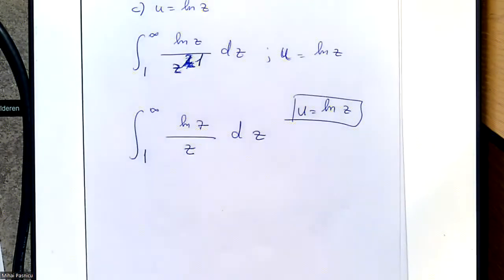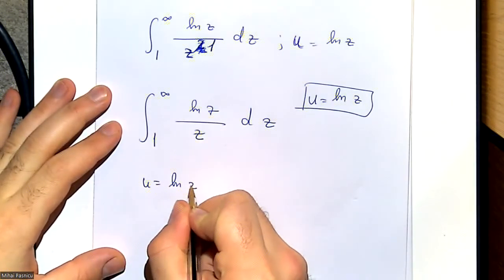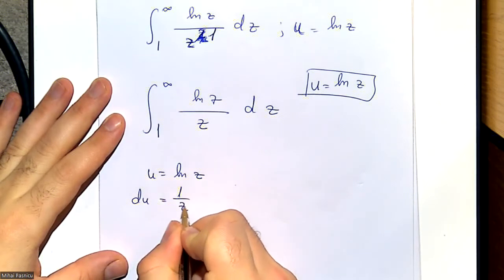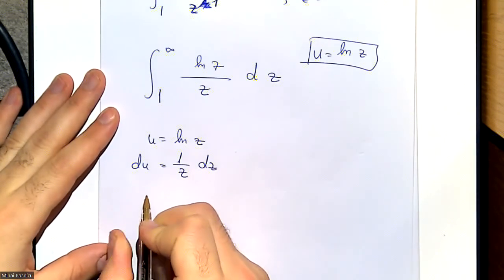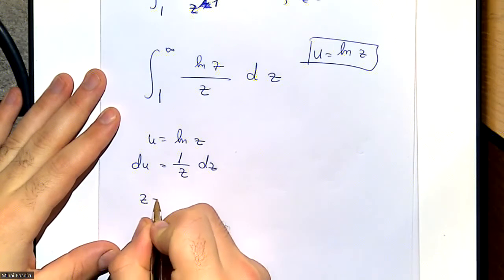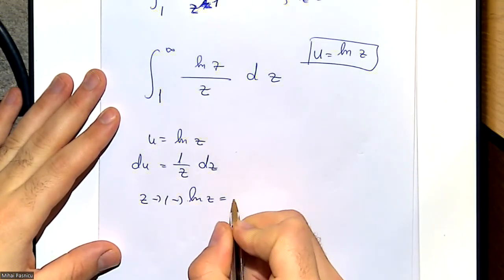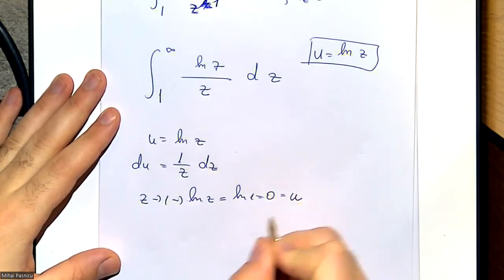So I'm just gonna do it myself. u is equal to ln of z. du is equal to 1 over z dz. If z goes to 1, ln of z is ln of 1, which is 0, which is equal to u.